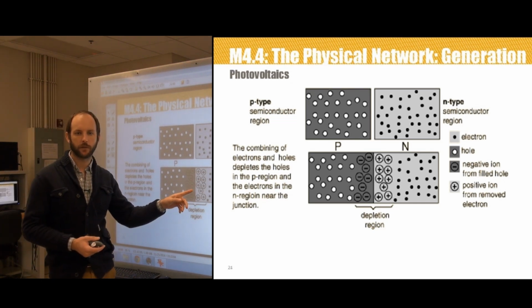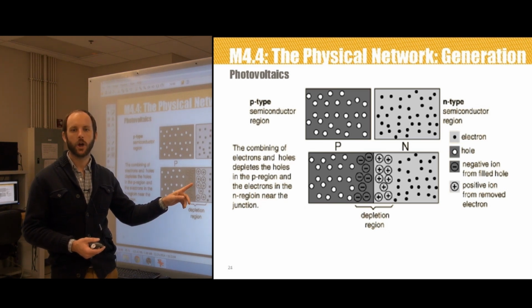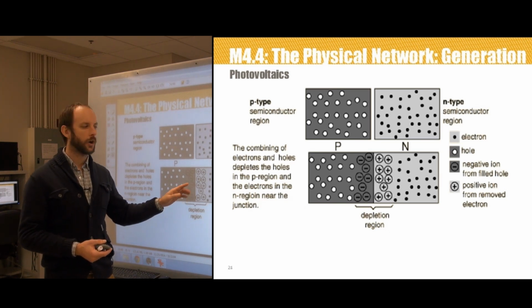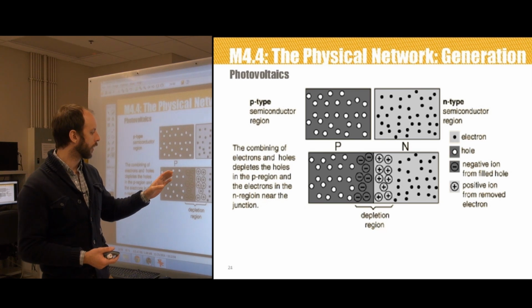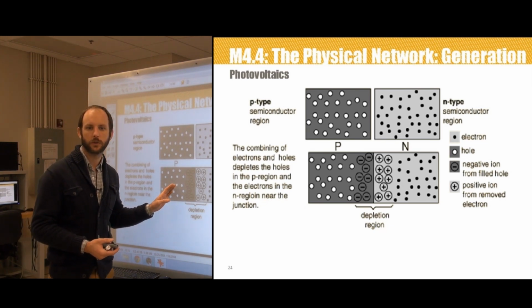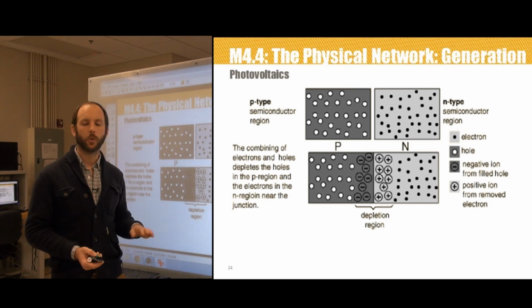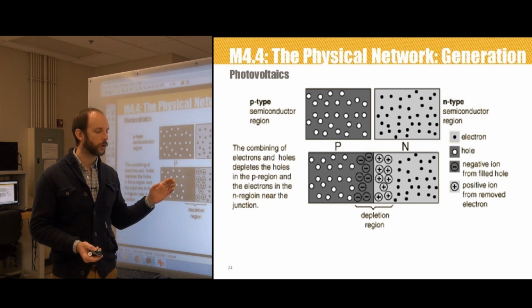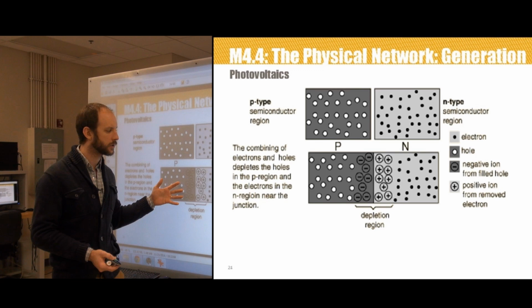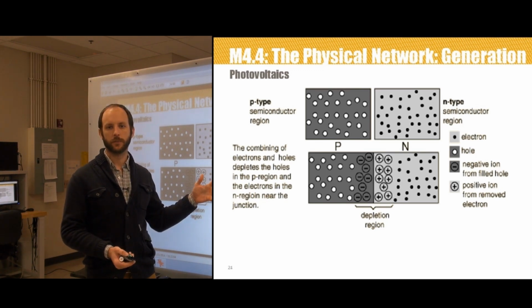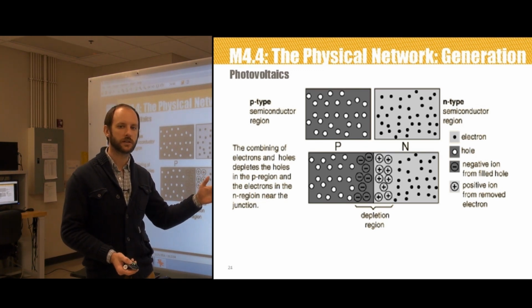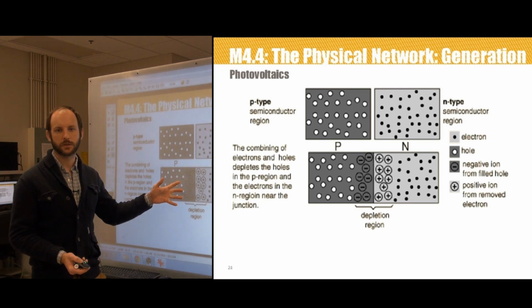Immediately upon creation of a p-n junction, a charge imbalance exists across the junction. We've got a high concentration of holes in the P region, and a high concentration of electrons in the N region. What's going to happen then is holes are going to diffuse from the P-type material into the N-type material, and electrons are going to diffuse from the N-type material into the P-type material.